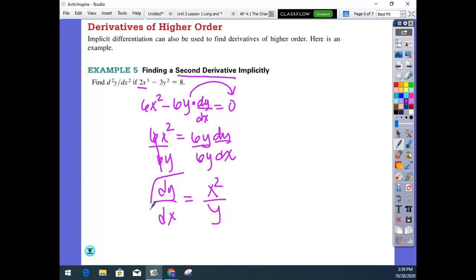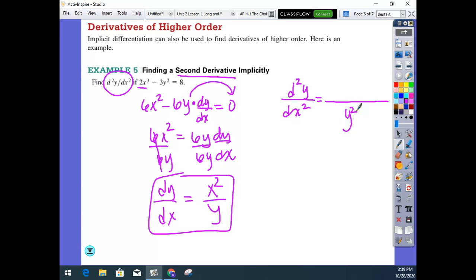All right, that's my first derivative. To find my second derivative, I need to do the derivative of the derivative. When we do the second derivative, notice the notation. d squared y over dx squared. So you put the second derivative with the d, and we're doing the second derivative of x here. This is a quotient rule.